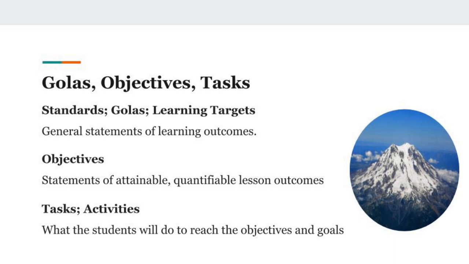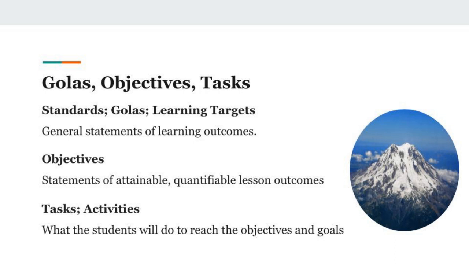However, as goals are abstract and broad, they need to be objectified or broken down for teaching and learning practices. And that's what we know as objectives. Objectives are statements of concrete, measurable, and attainable lesson outcomes. They are basically short-term plans to achieve goals.